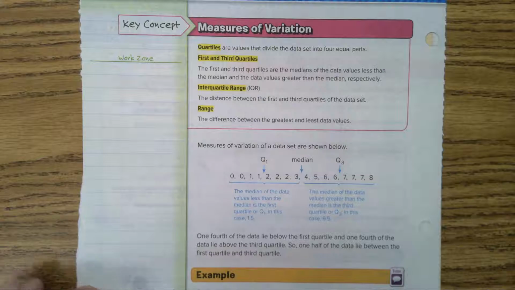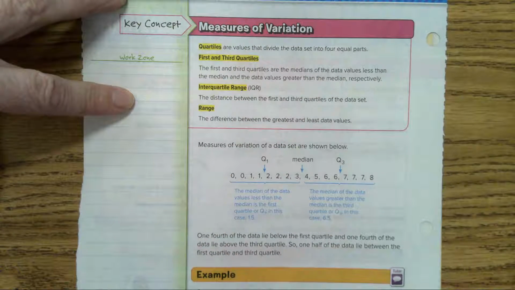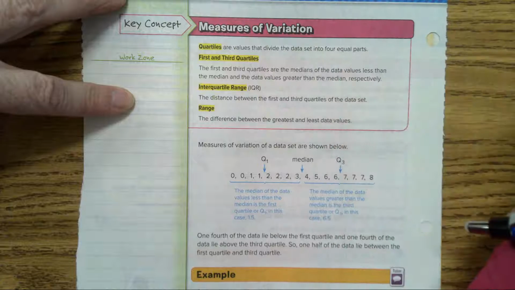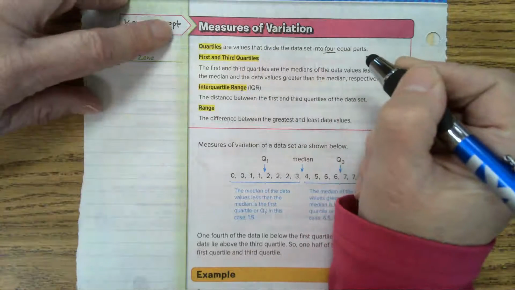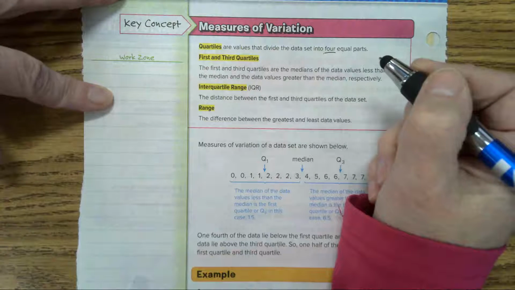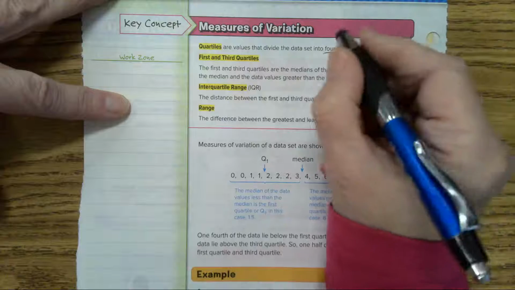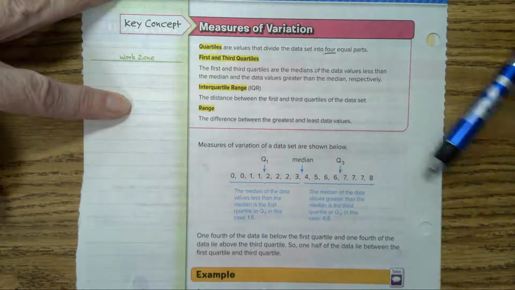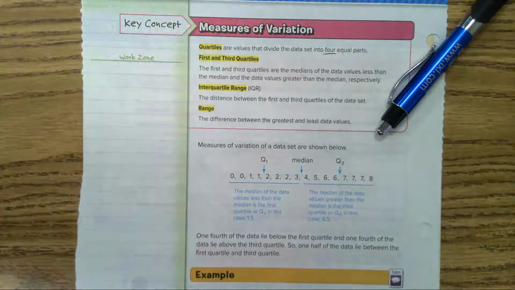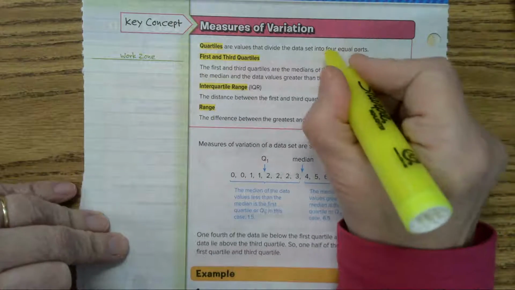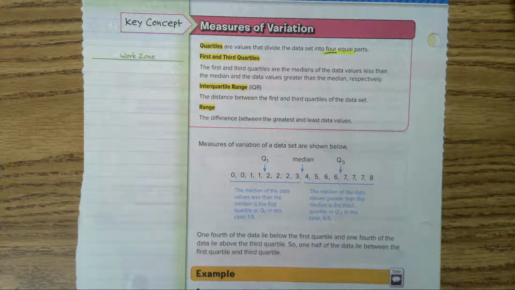Quartiles are values that divide the data into 4 equal parts. That makes sense. How many quarters are in a dollar? 4. So when you divide something into quartiles, it's going to make it into 4 equal parts. Now, we're going to talk about how do we get the first and third quartile.